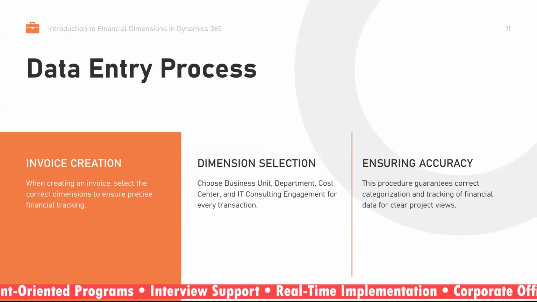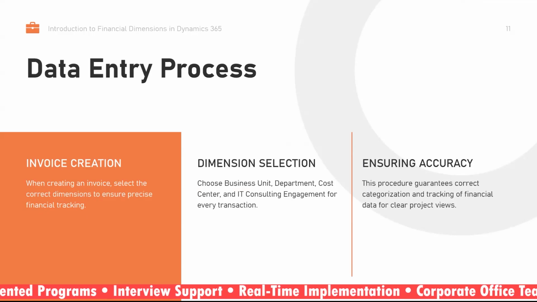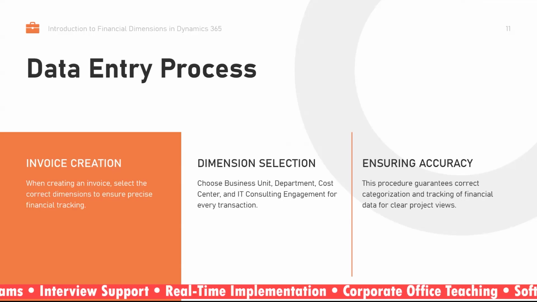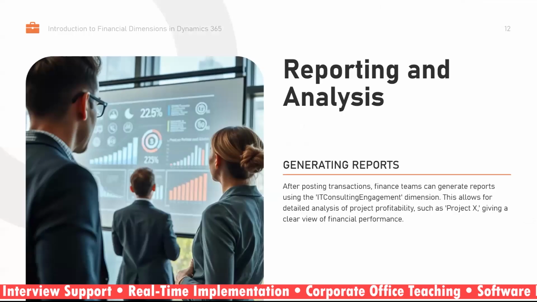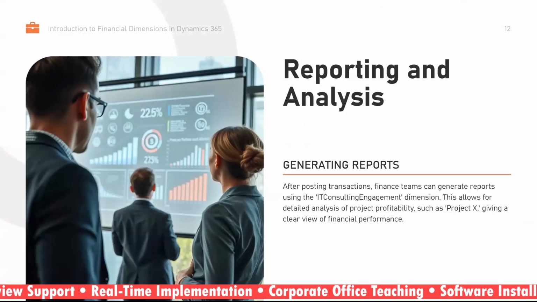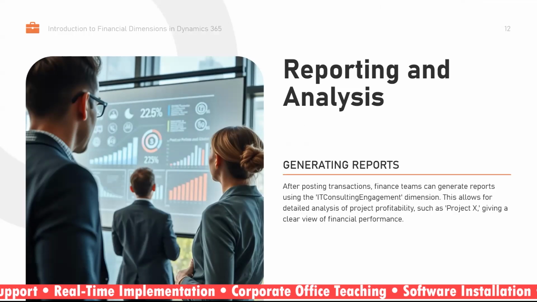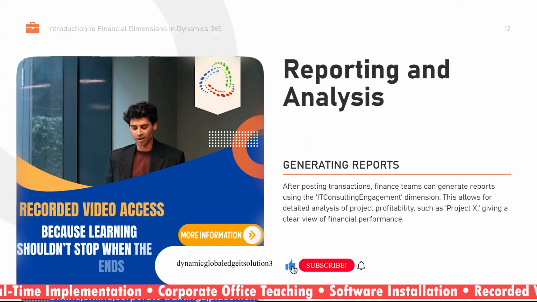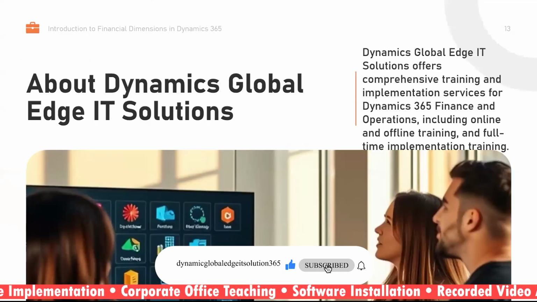If IT consulting is not selected, then the system will not look into the functionality of others. Now, reporting requirement: when you select IT consulting, we can track that specific revenue and expenditure by analyzing them here.